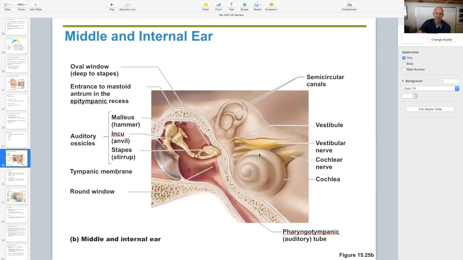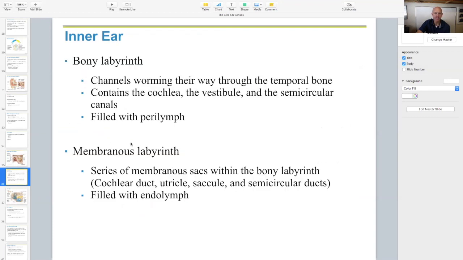So here is our cochlea, our vestibule, and the semicircular canals. Three different things. Now, when we get down into the membranous labyrinth, there's a few more. The cochlear duct is sitting in the cochlea. And remember, inside the bony labyrinth is perilymph. Inside the membranous labyrinth is endolymph.